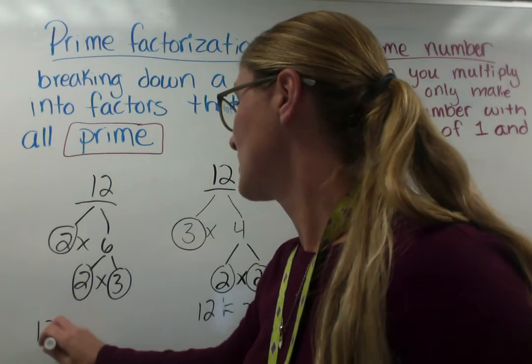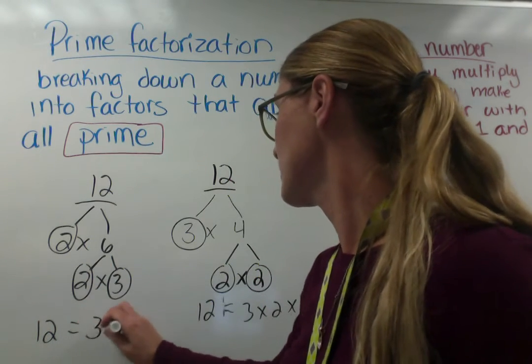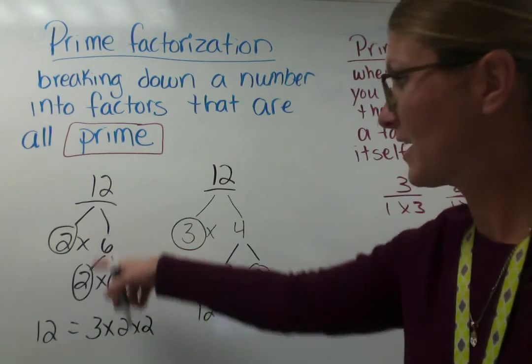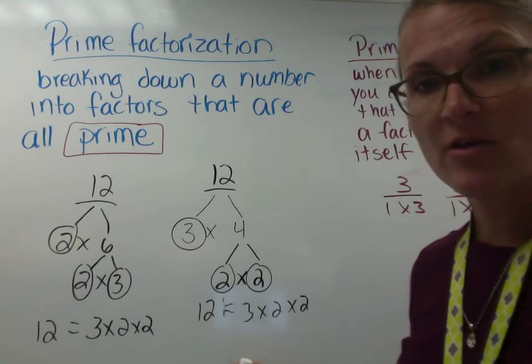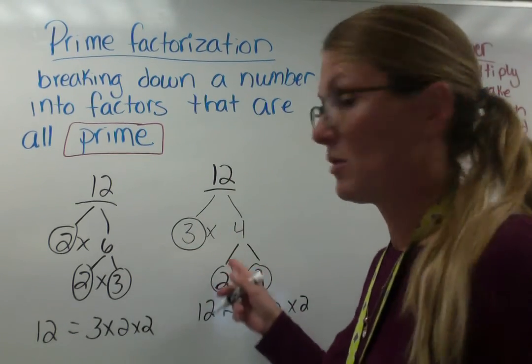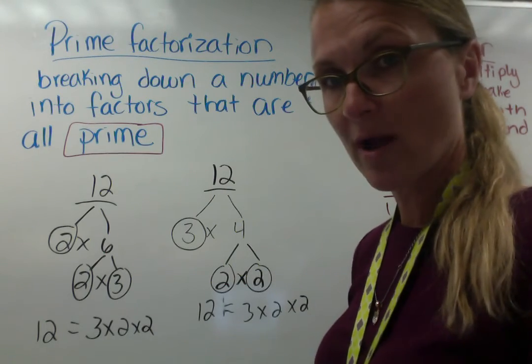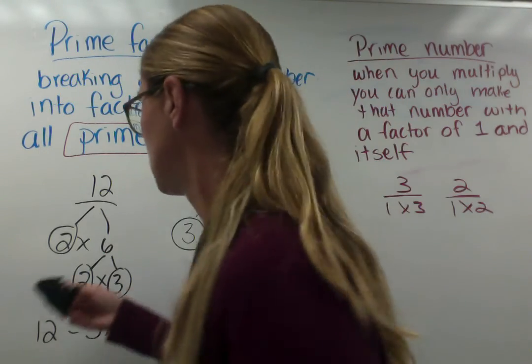So my prime factors of 12 is 3 times 2 times 2. They're the same ones I got over here. Okay, so it doesn't matter which way you break apart a number. When you get to the end, you will always have the same prime factors.